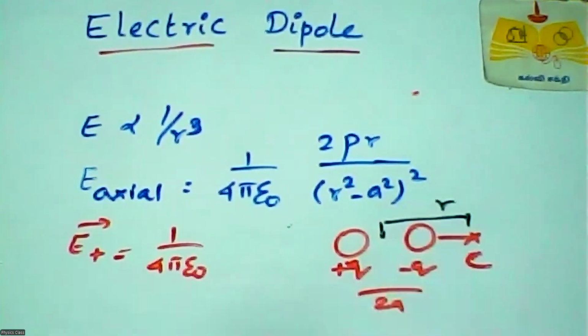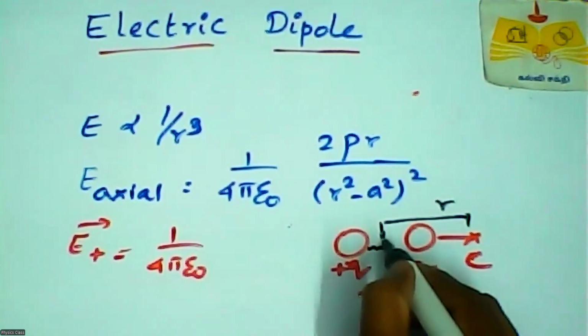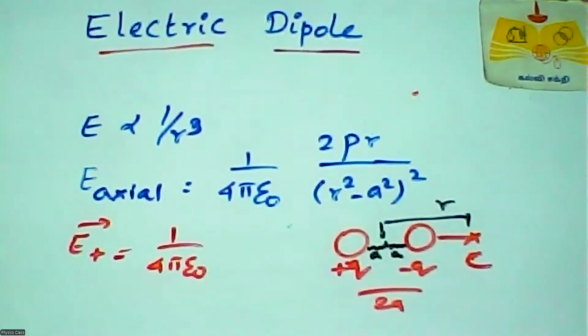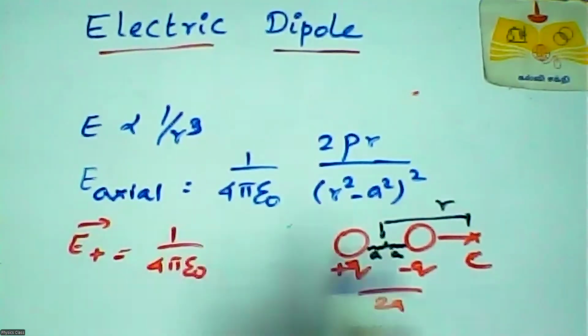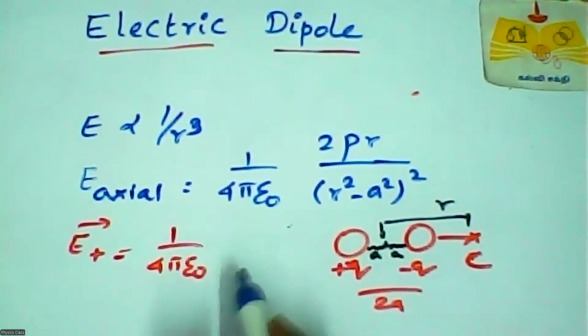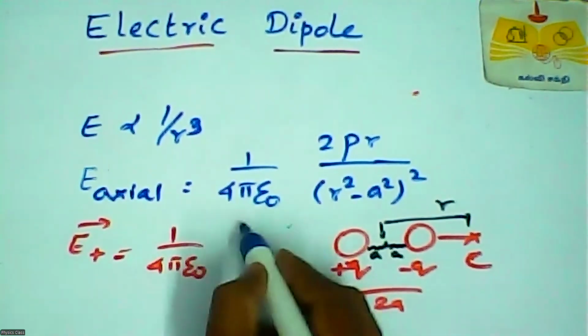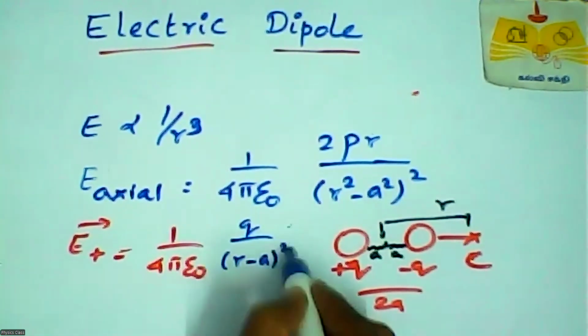And a means, as you already know, the distance from one charge to the center. So from this, we can write E plus, the electric field at point C due to plus Q, is E plus equal to 1 by 4 pi epsilon naught, Q by (r minus a) the whole square.